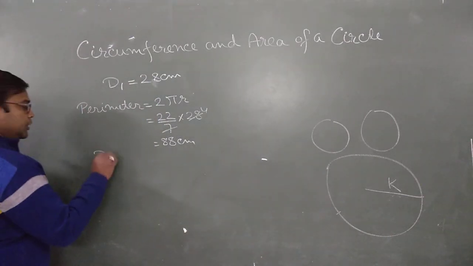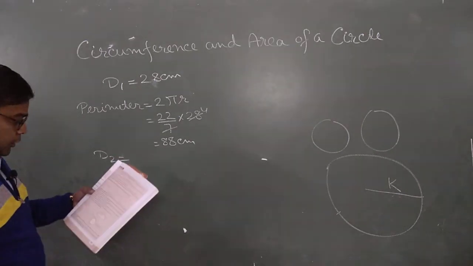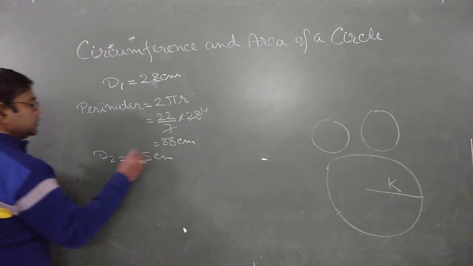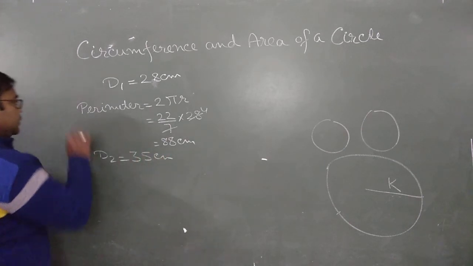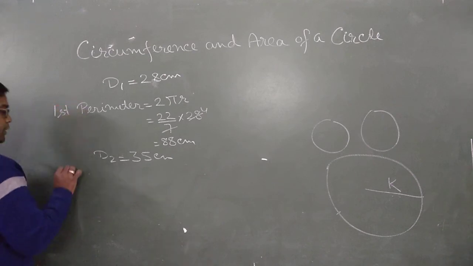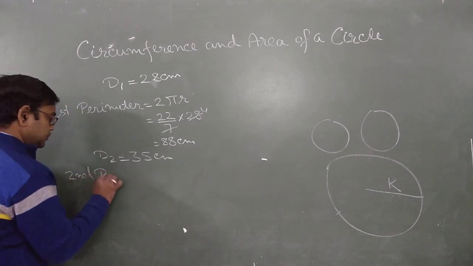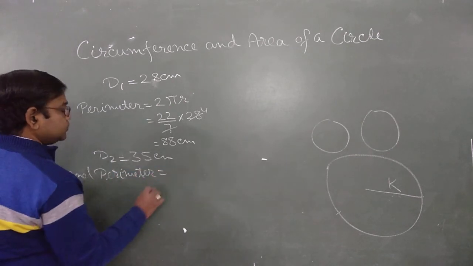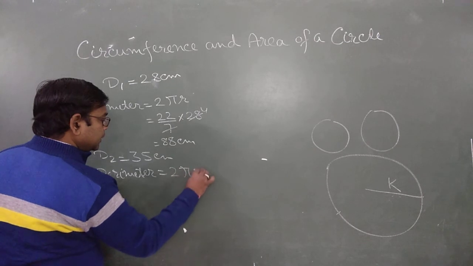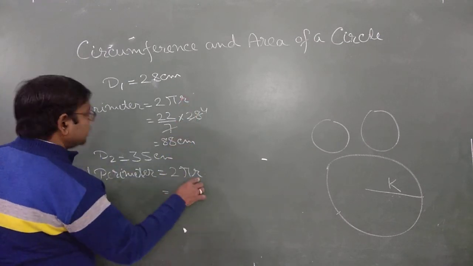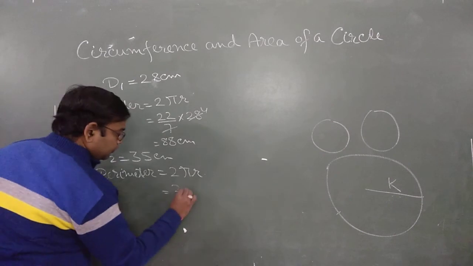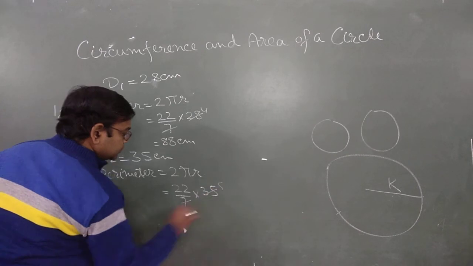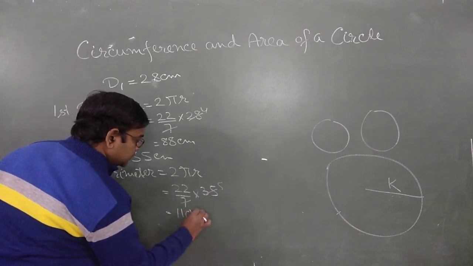Now if d2 is given to you, d2 is 35 centimeter. So what is the perimeter of this one? First perimeter, second perimeter. Equals 2 pi r. Here we have 2r, that is your d2, 35, and the value of pi is 22 upon 7 into 35. 7 5s, 110 centimeter.